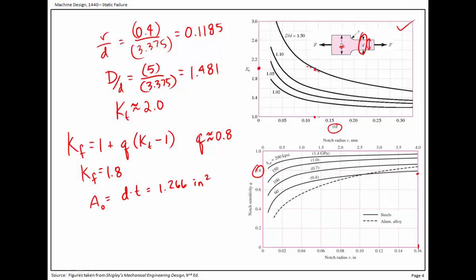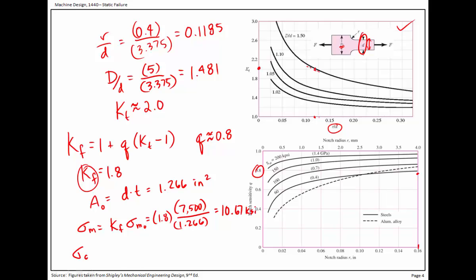So we find that the mid-range stress is going to be the fatigue stress concentration factor, that's what this is, times the mean nominal stress. So that's going to be 1.8 times 7,500 that we found previously, divided by that 1.266, and you end up with, I'll just go ahead and make it into ksi, 10.67 ksi.